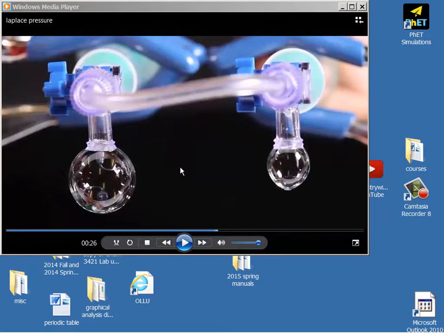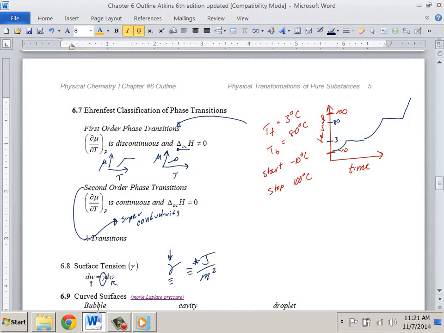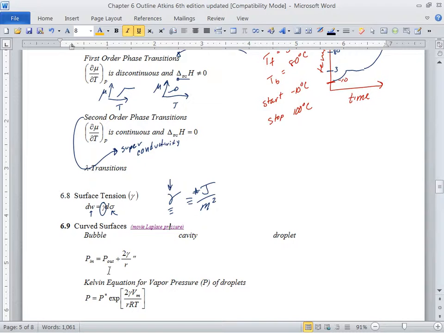The answer's in our equation. Let's see if you can figure it out before we show you the answer here. Is the pressure inside a bubble the same as the pressure outside a bubble? No. Which one's greater? Inside. Why?